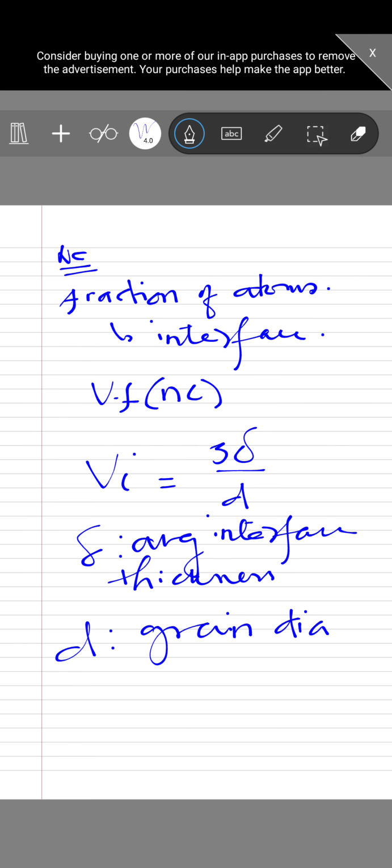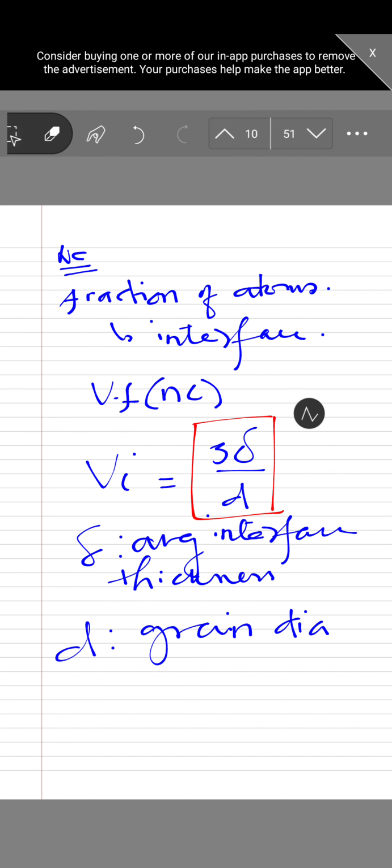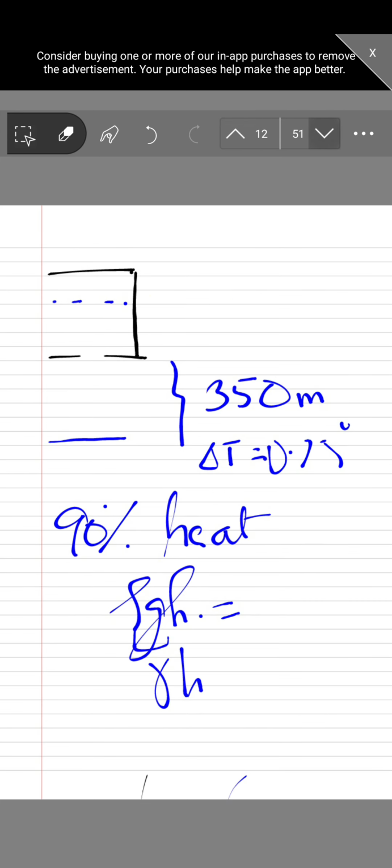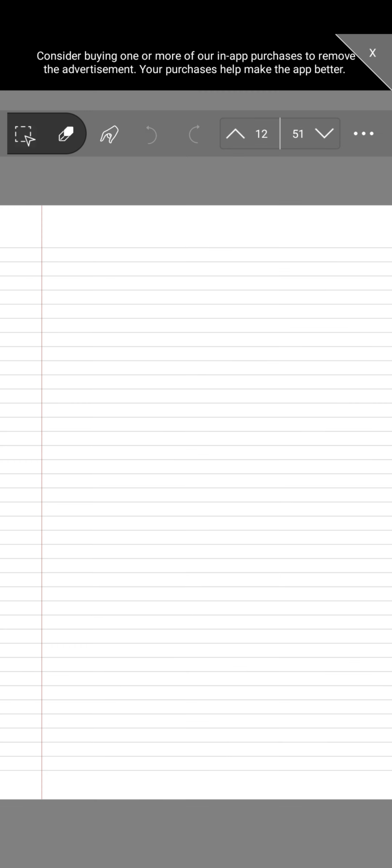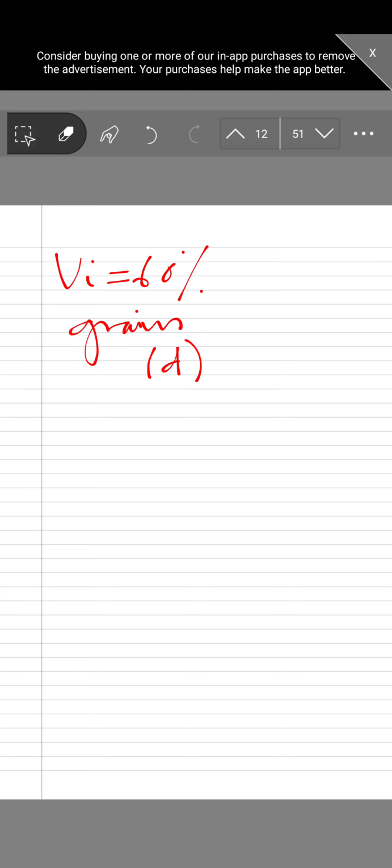So this is the equation. What we can infer from it is: if the volume fraction of the interface is 60%, then the grain size D is 5 nanometers.